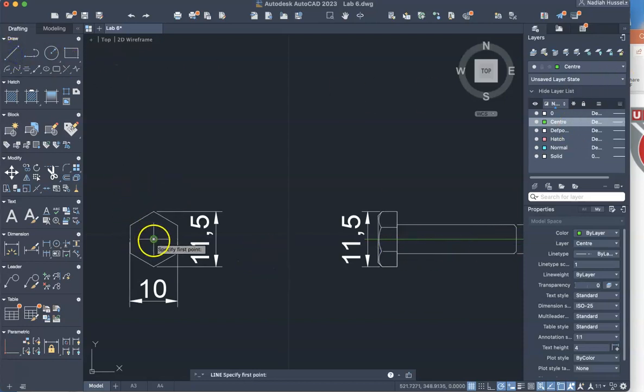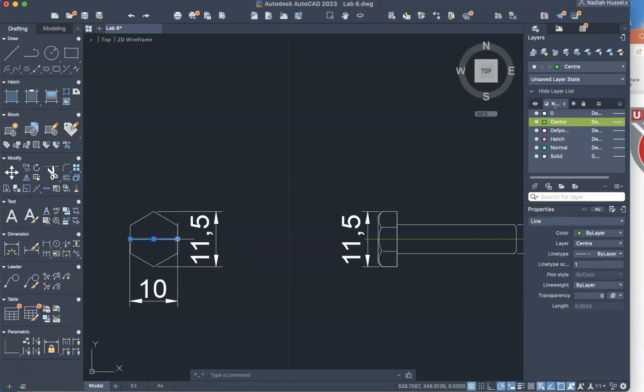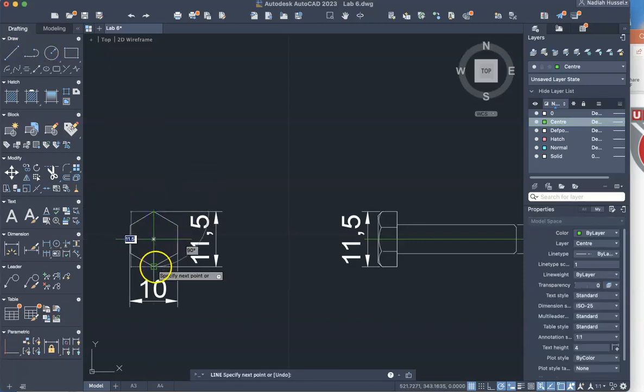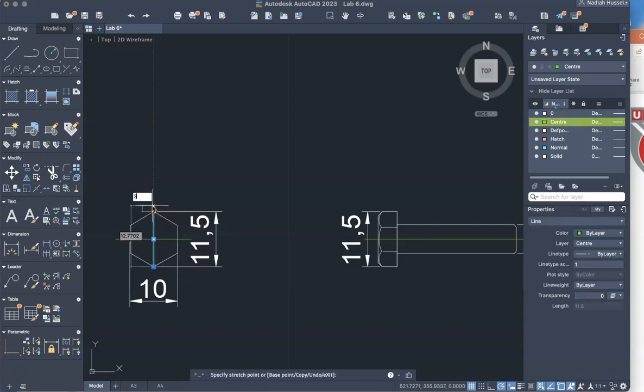The next one for this guy over here, I want to make it the same size as my object, like so. And then I'm going to lengthen it by 3 on one side and 3 on the other side. Same case over here. Okay, enter, and then I'm going to lengthen it by 3, lengthen it by 3.